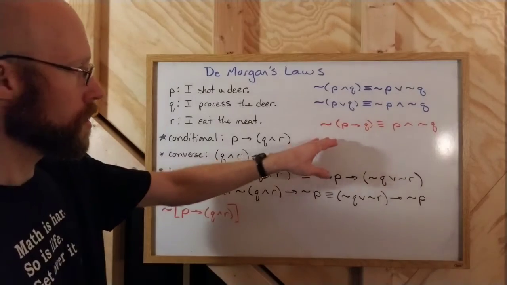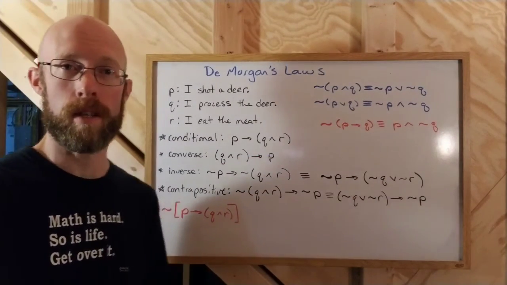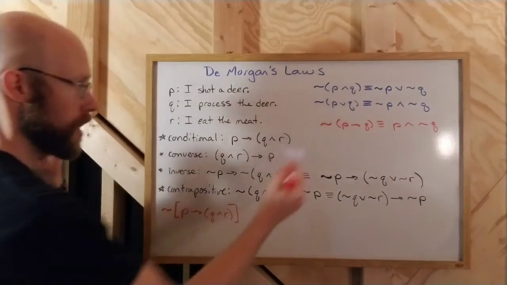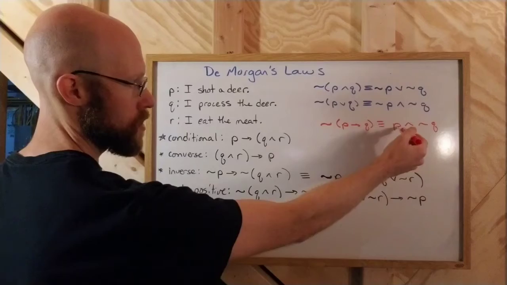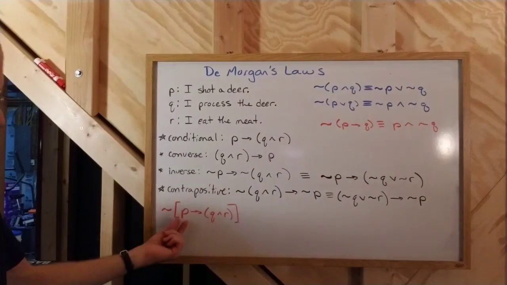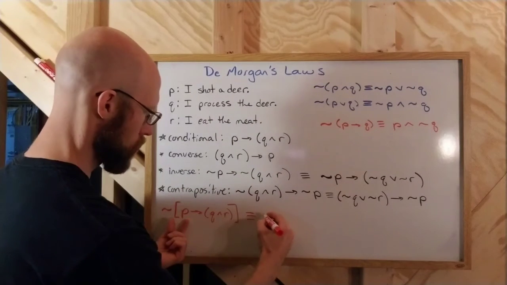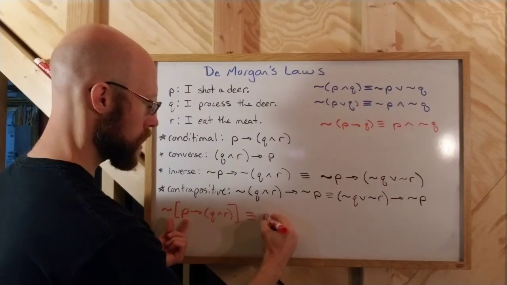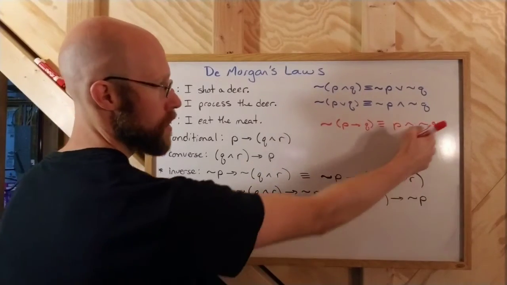So if I were to apply that same process there, the negation of an if-then is the antecedent and not the consequent. So here the antecedent is P, so this must be equivalent to P and not the consequent.